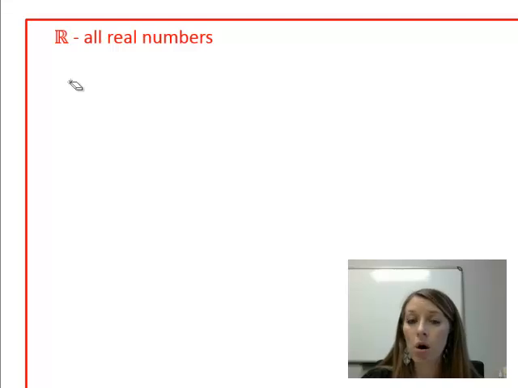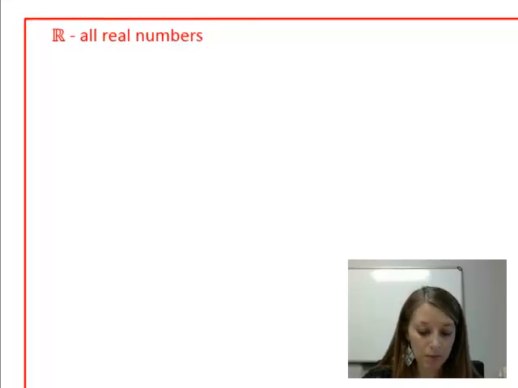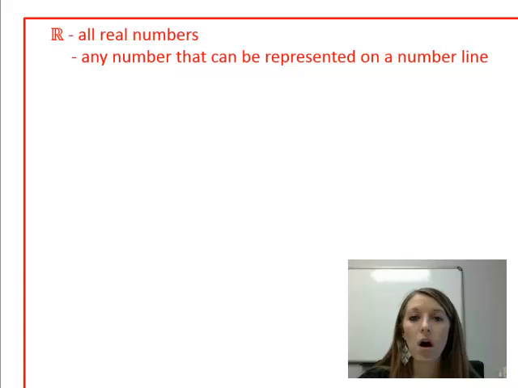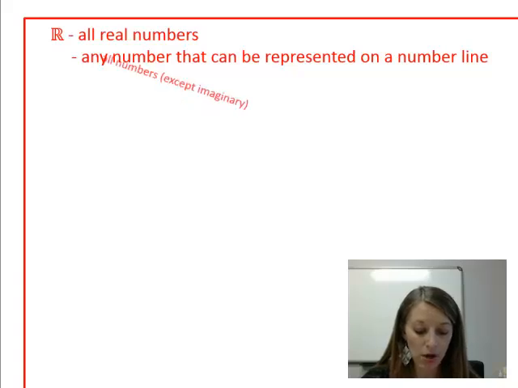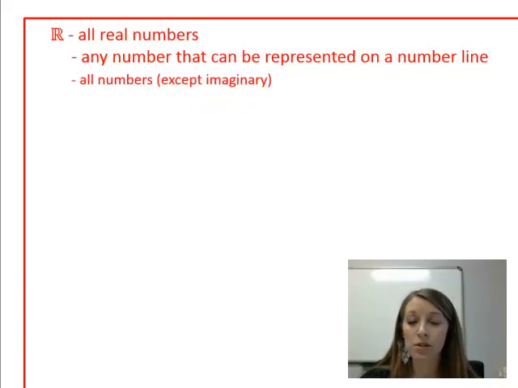Now, what are all real numbers exactly? All real numbers are any number that can be represented on the number line. I'm guessing that almost all of the numbers you picked fit into this box. There's only one type of number that doesn't fit, and those are imaginary numbers.